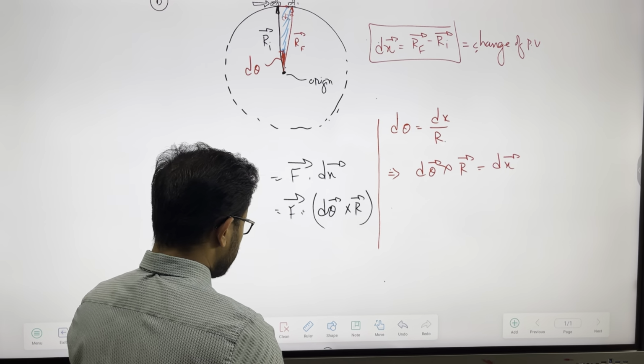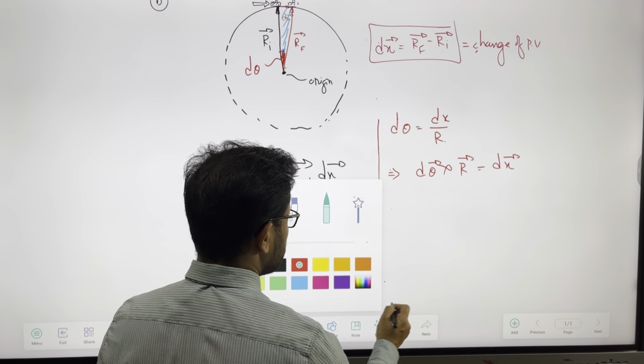Now there's a rule in mathematics which we are going to use here.